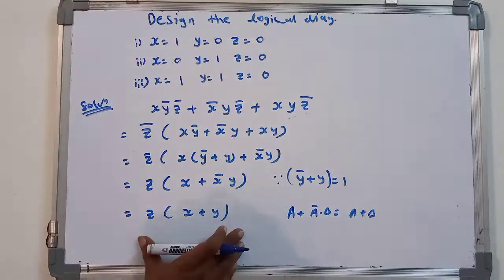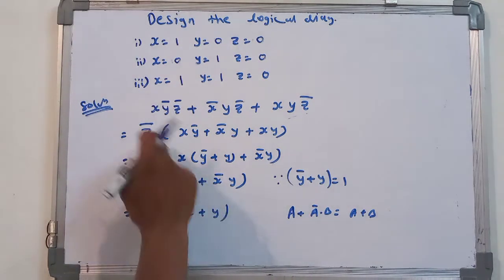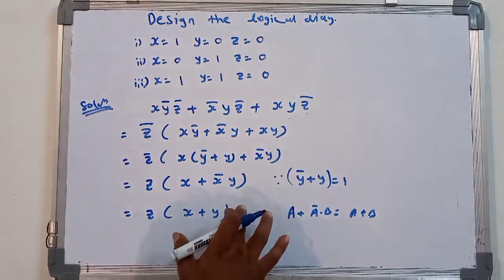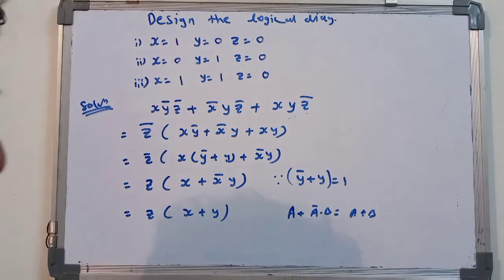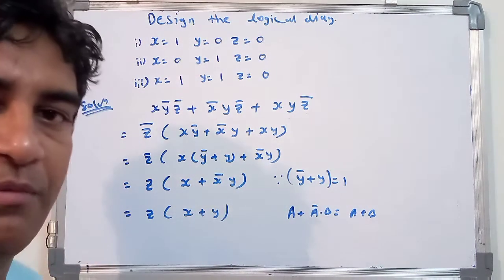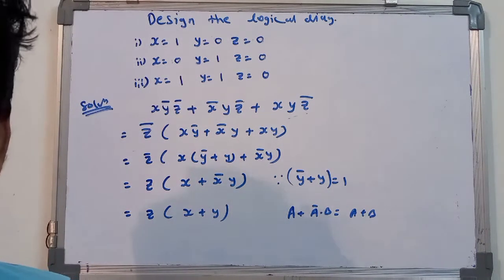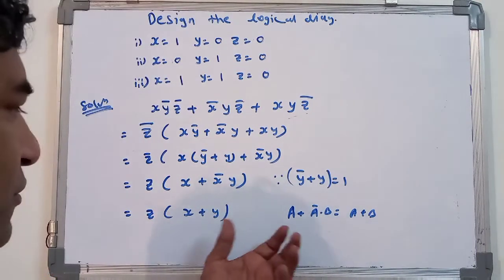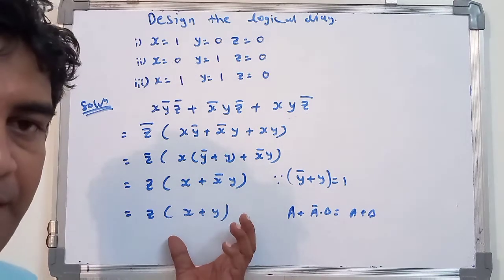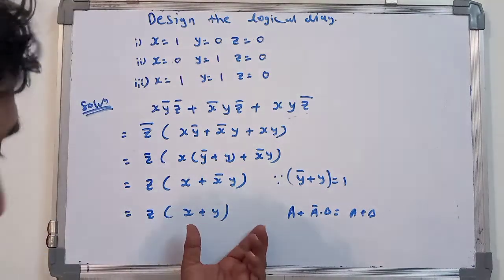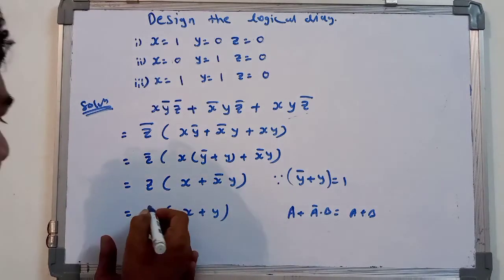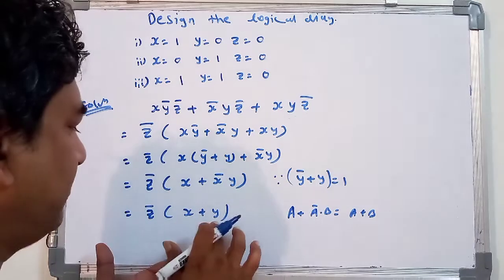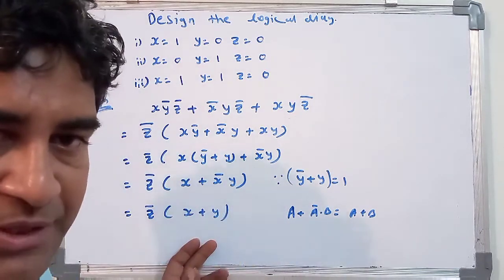You may draw from this equation also, but in your examination they ask to solve the problem, and after solving, the last equation which you get, the logical diagram of that equation you have to draw. Now you observe x plus y means two variables are there.